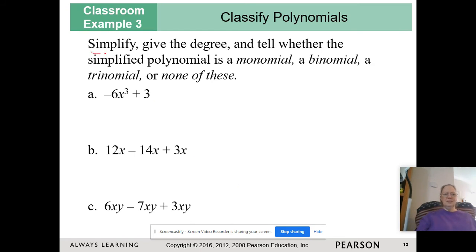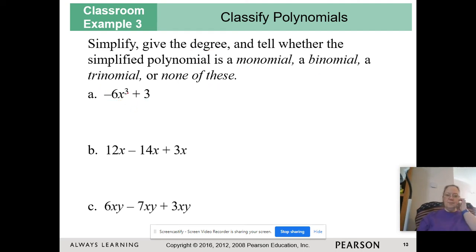All right, simplify, give the degree of the polynomial, and tell whether the simplified polynomial is a monomial, binomial, trinomial, or none of those. So we're going to combine like terms. In this one, it doesn't have any terms to combine. So we're going to look at the degree.